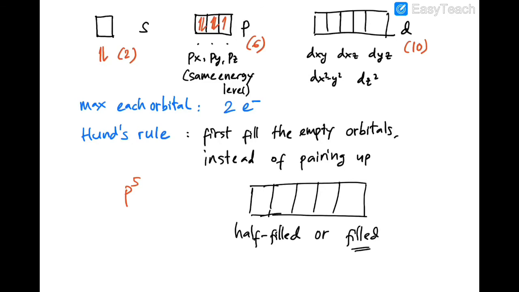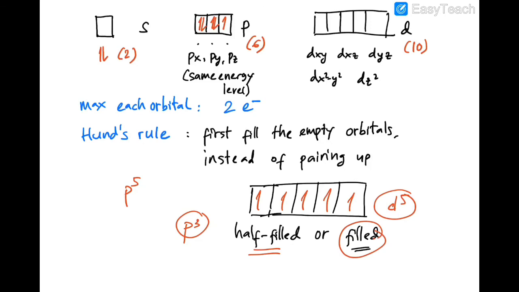Half-filled is like this, if it's d5, or in the case of p, if it's p3. And filled is when it's full of electrons, which is s2, p6, and d10.